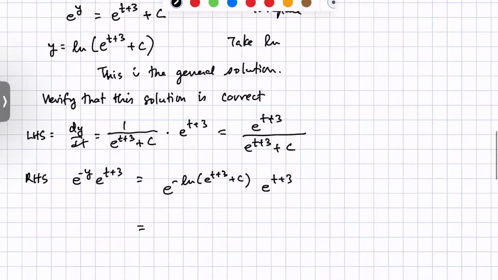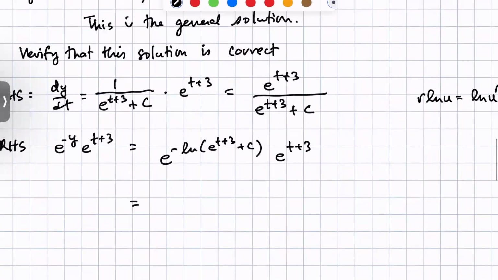Now, when you have a log and an e right next to each other, they cancel out, but they can't cancel if there's something in between. So here we have to use the rule that r times log of u is equal to log of u to the r. The r goes into the exponent of u. So this -1 can go into the exponent of this piece right here.